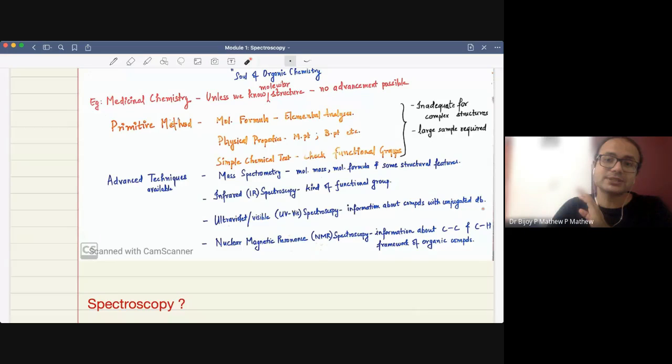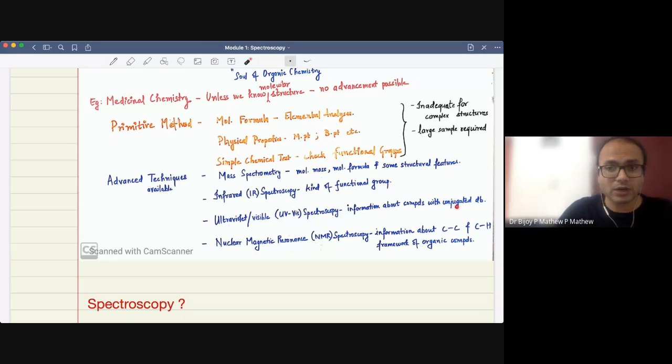If you have such molecules, this technique will give you a good understanding about the features of these conjugated double bonds. That is why this technique is particularly useful if you have conjugation present in the molecule.